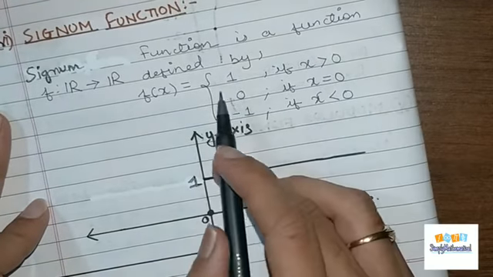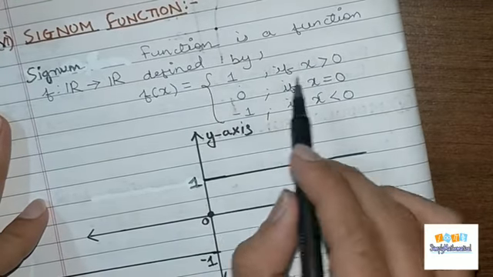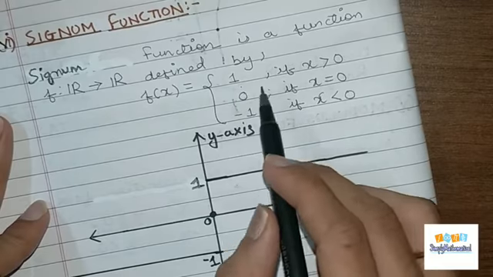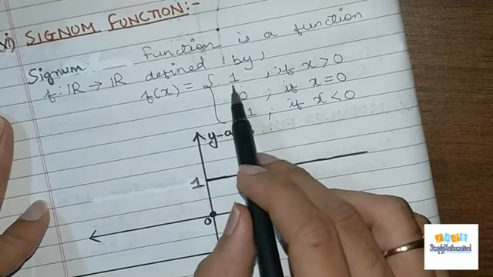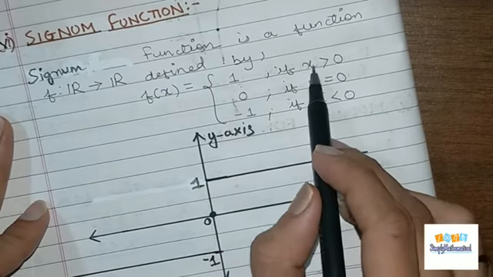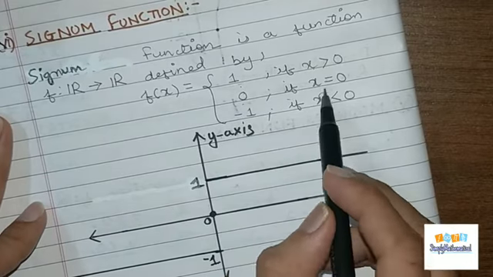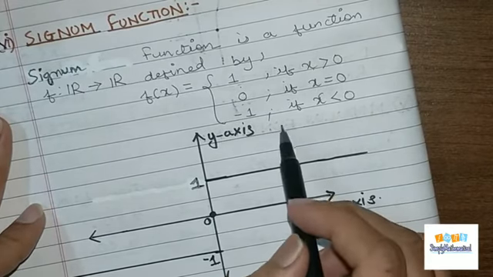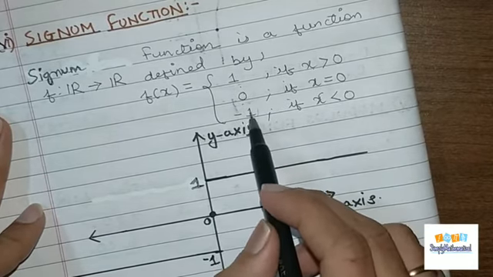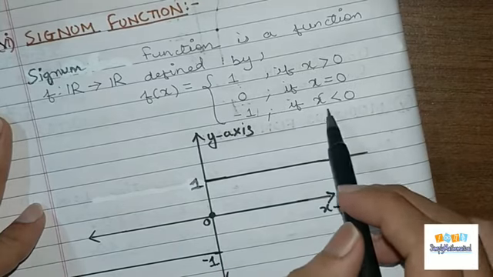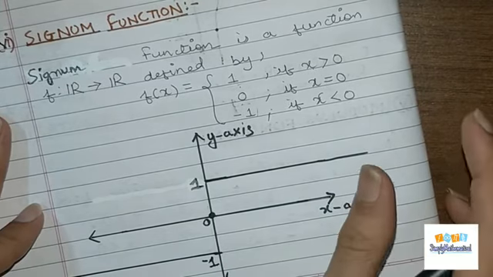The value of the function is a constant, that is 1, if x is greater than 0. The value is again constant, 0, if x is equal to 0, and it is again a constant, -1, if x is less than 0.